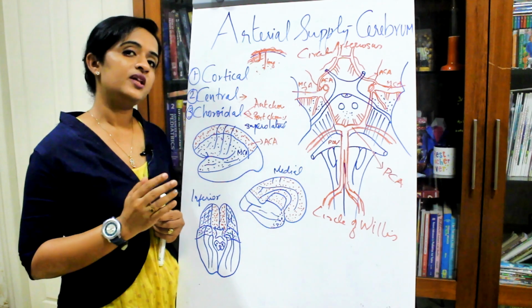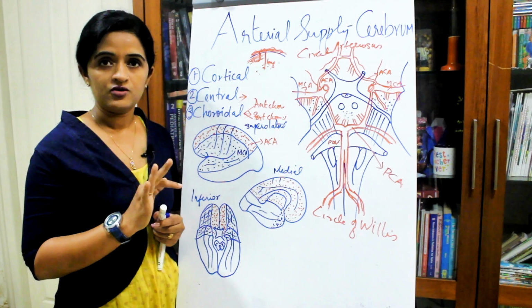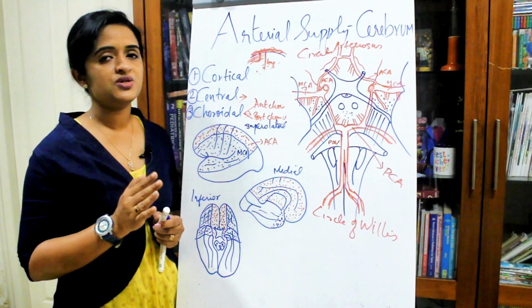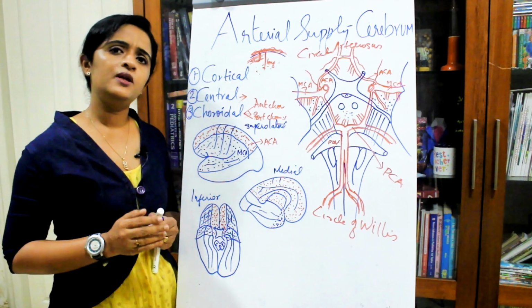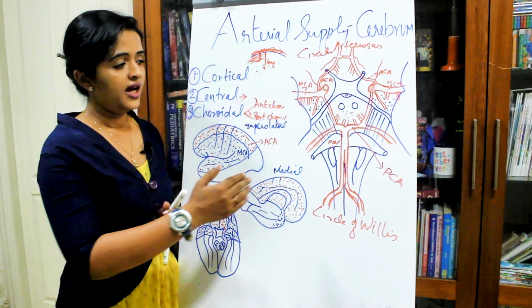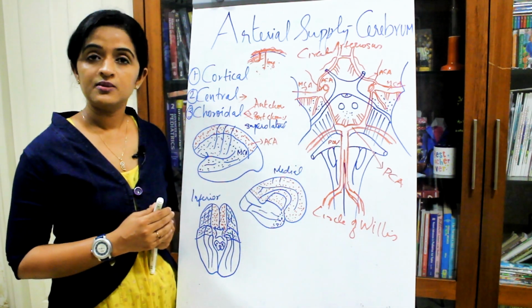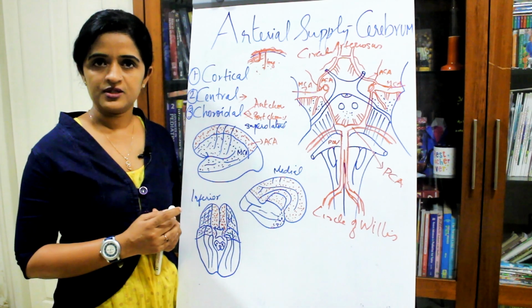So we now know that the cerebrum is supplied by three major arteries: the anterior cerebral artery and the middle cerebral artery, which are two branches arising from the internal carotid artery and belong to the carotid system, and the posterior cerebral artery, which is the terminating branch of the basilar artery and belongs to the vertebral system.